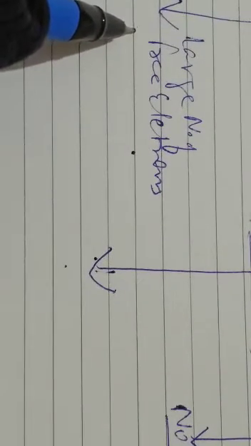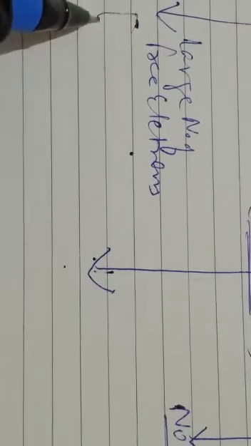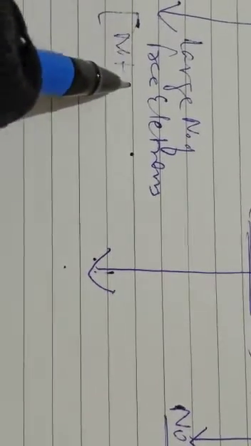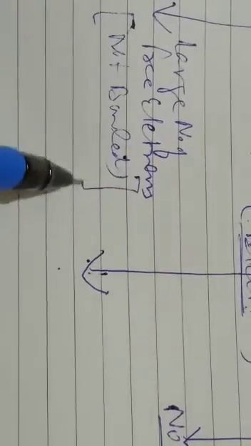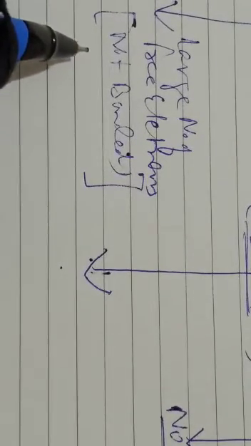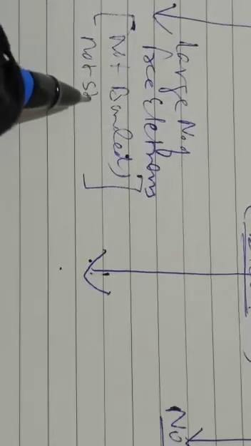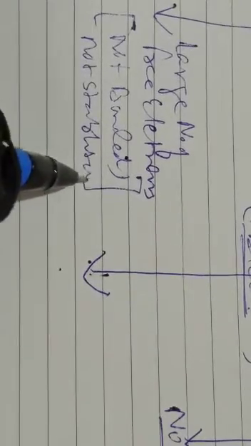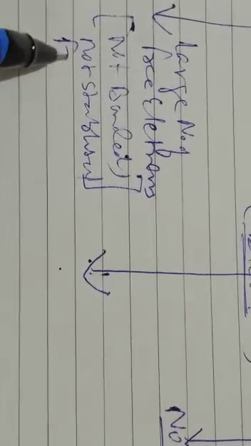So it has free electrons. That means in this type of material, its outermost electrons are not bonded. Outermost electrons are not bonded, means not stabilized, means free.